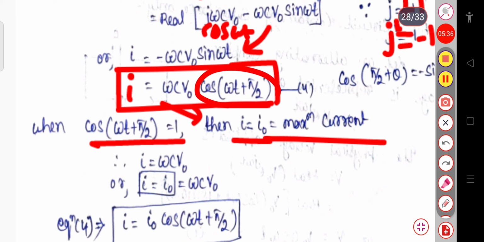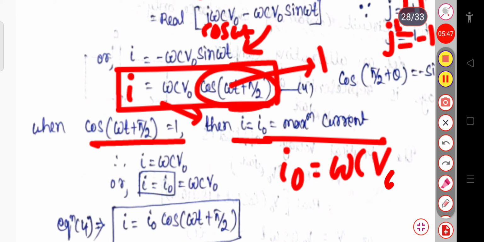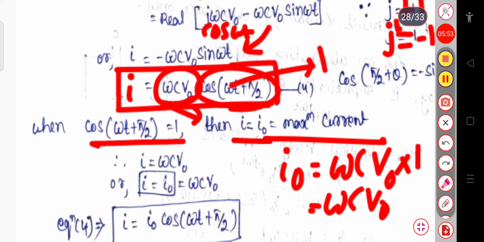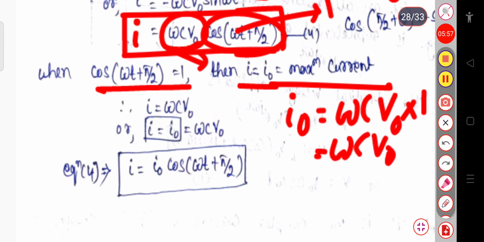So I naught will be equal to omega C V naught into 1, that is omega C V naught. Now if I put the value of omega C V naught here, then I will be equal to I naught cos of omega t plus pi by 2.